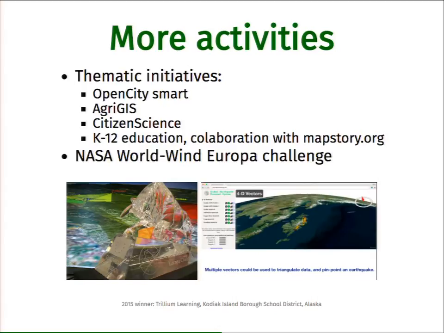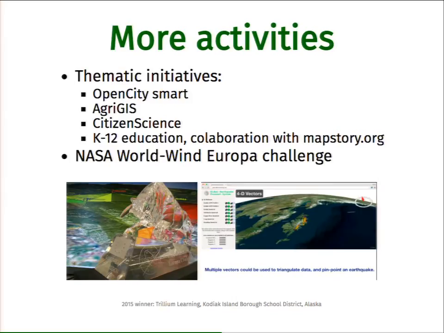There is an initiative to build the tools and to collaborate on open cities. Then agri-GIS. Citizen science is another big topic where some of these laboratories have quite interesting programs. NC State actually has a program in citizen science as well. And then also K through 12 education.